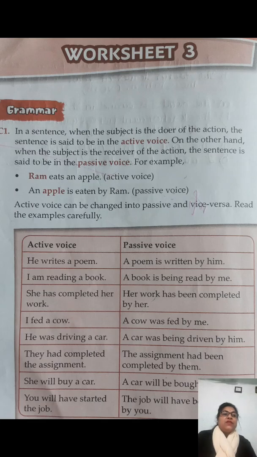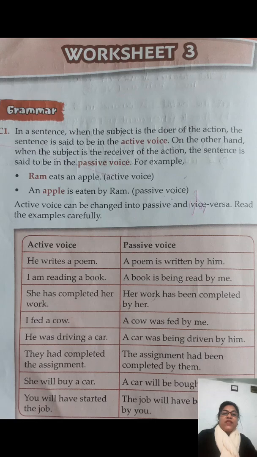If the subject receives the action, the verb is in the passive voice. So, an apple is eaten by Ram. When you change the active voice, Ram eats an apple, into passive voice, it becomes an apple is eaten by Ram. So here the apple is the subject, right? But the apple cannot perform the act of eating since it is an inanimate object.